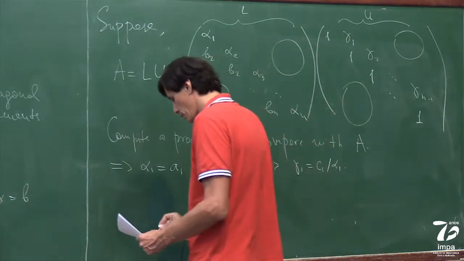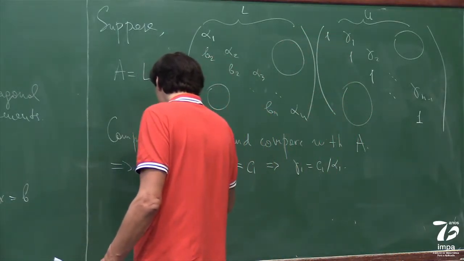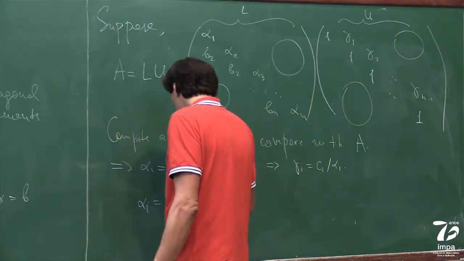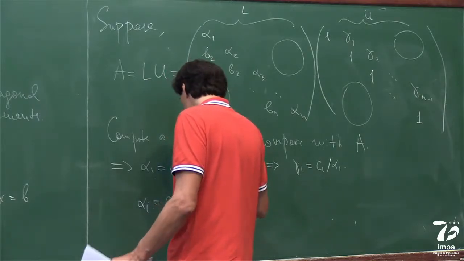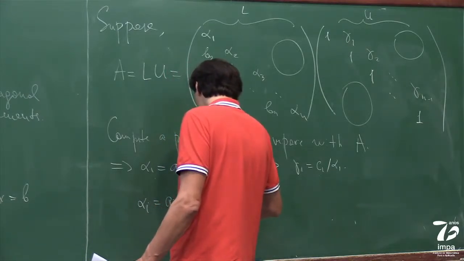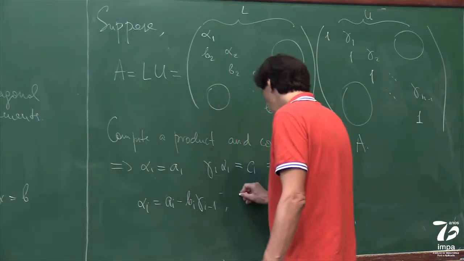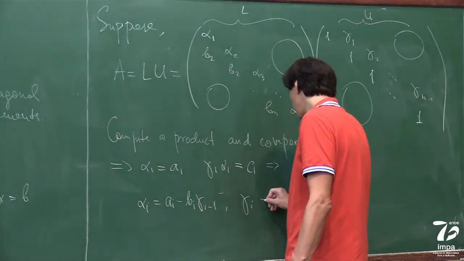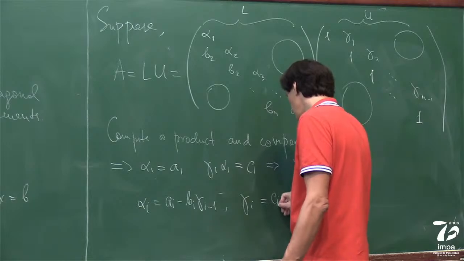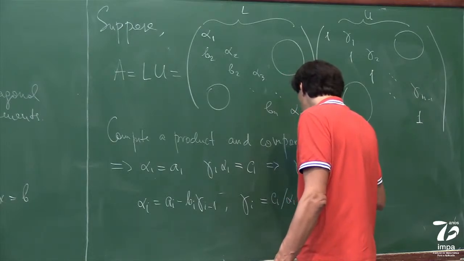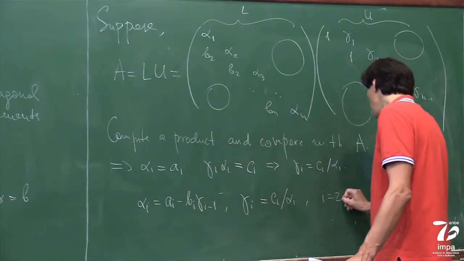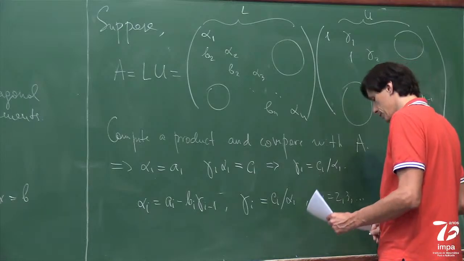So in general form, alpha I you find as AI minus BI gamma I minus 1. And gamma I, in a similar fashion, you will find as CI divided by alpha I, with I equal 2, 3, and so on.